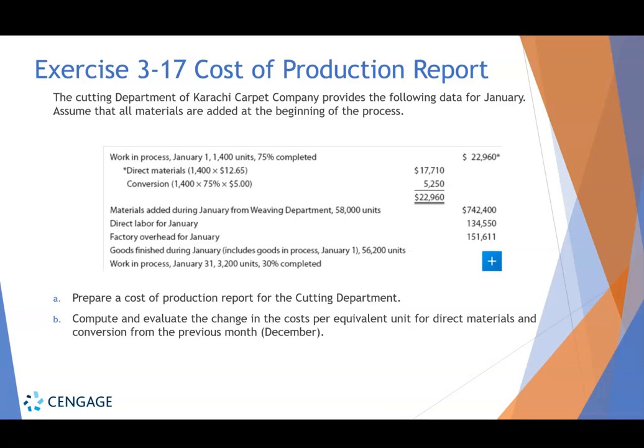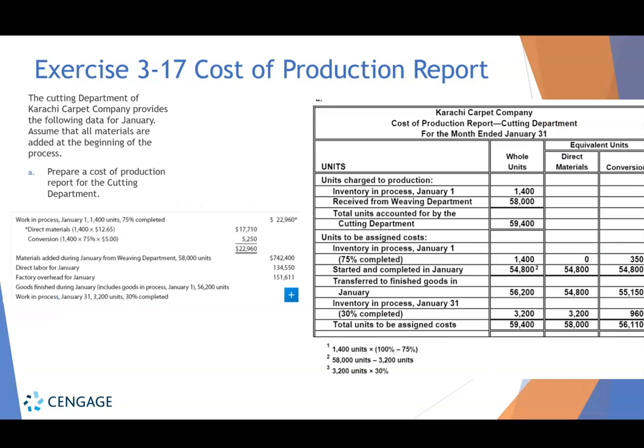And then we know the goods finished during January includes goods in process of January 1st to be 56,200 units. And then at the end of January, we have 3,200 units with conversion costs being 30% completed. So it's given us everything we need to prepare this production report.